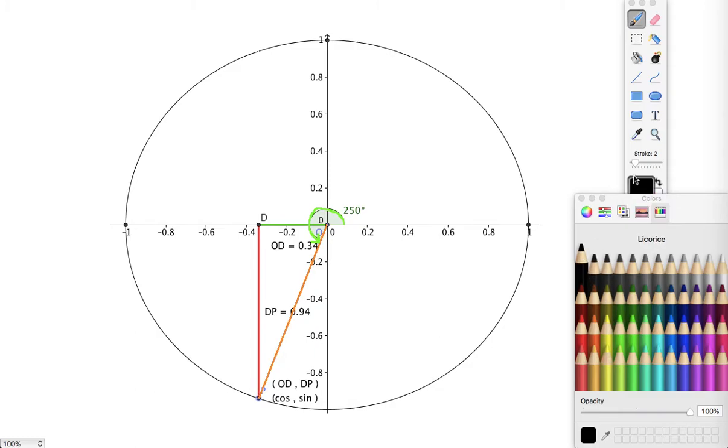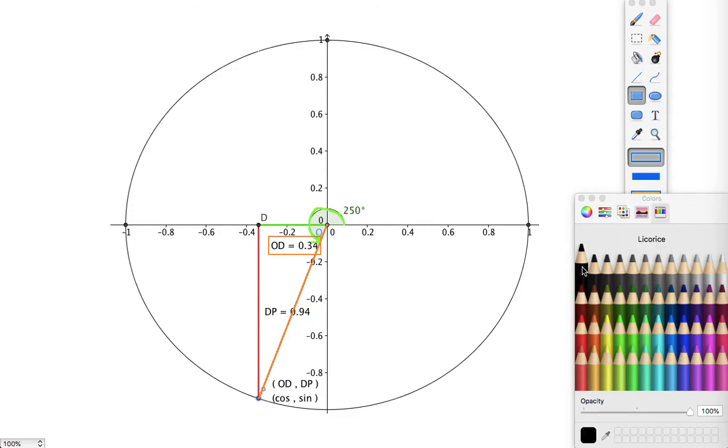So we're trying to find out where else on this circle does it have that exact same x-coordinate. And just for the record, the cosine of 250 degrees, that's the distance from here to here, is 0.34, or about equal to that.